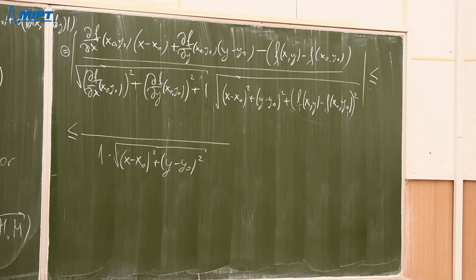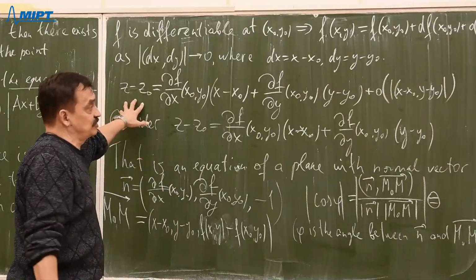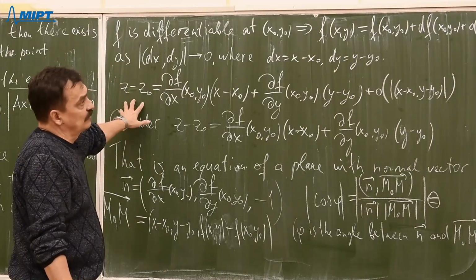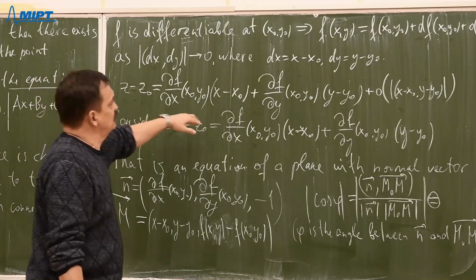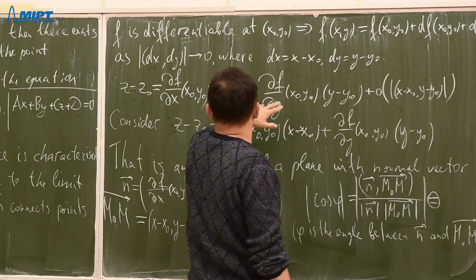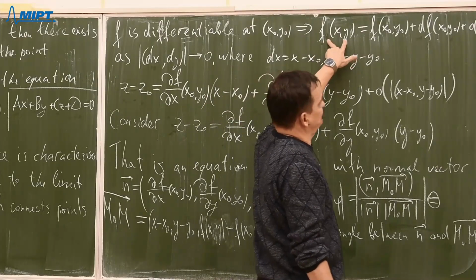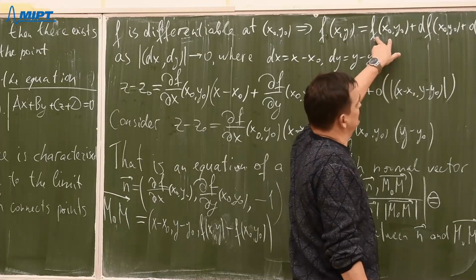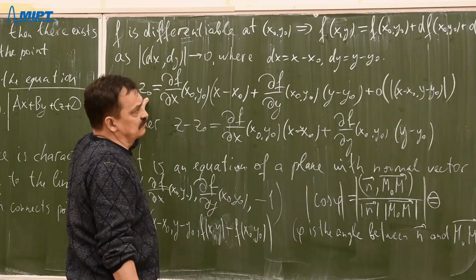And for the numerator, look at the definition of differentiation. What is written here? Z minus z naught. Z is precisely f of x, y. So you see f of x, y minus this. Here it is written.